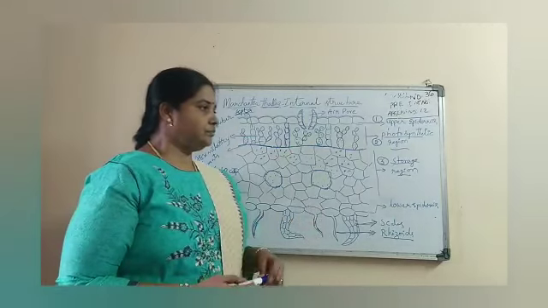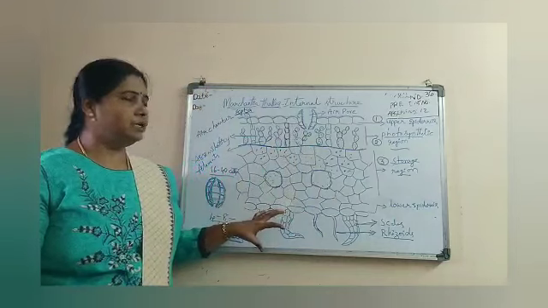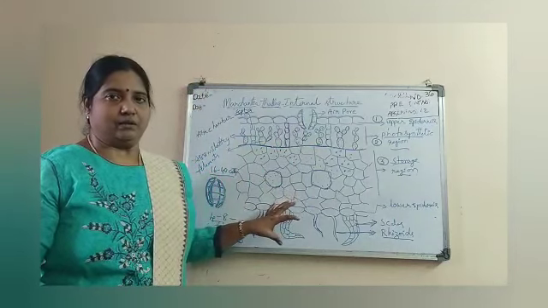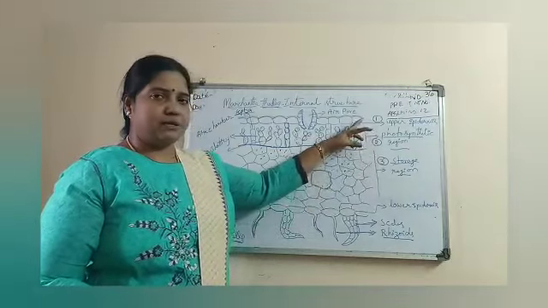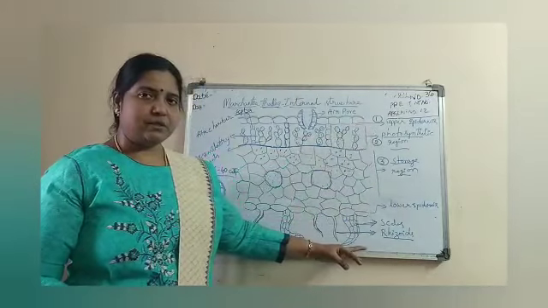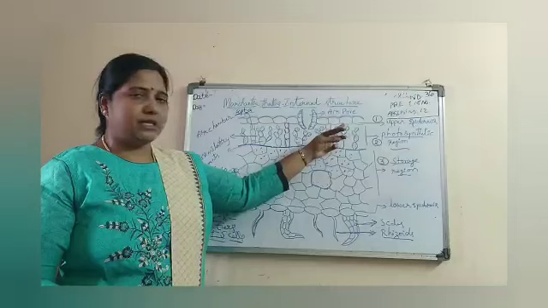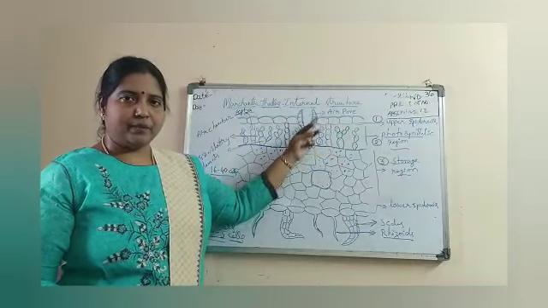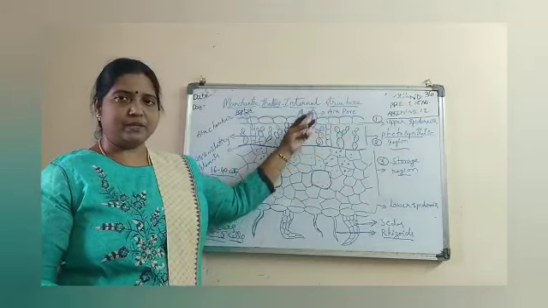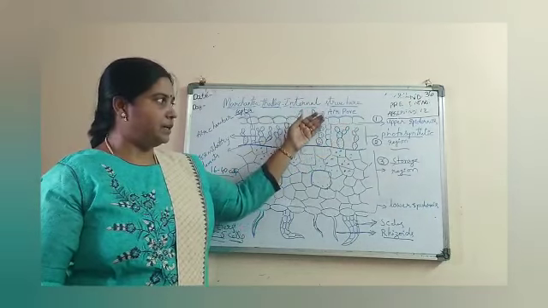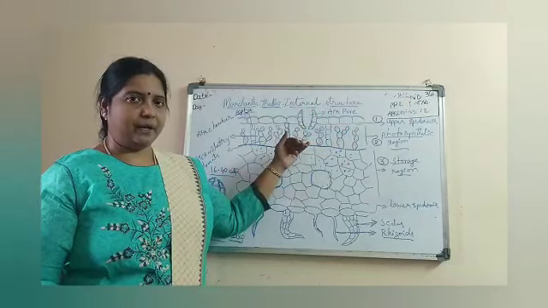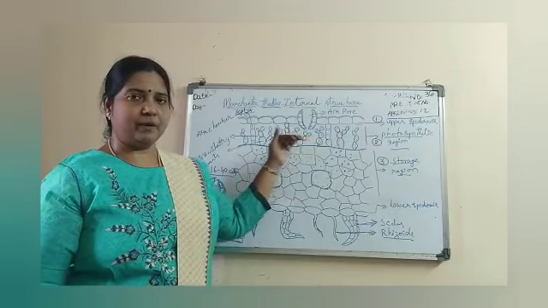So this is the internal structure of the Marchantia thallus. Briefly, the epidermis is divided into upper and lower epidermis. The upper epidermis is interrupted with air pores. The air pores are barrel-shaped structures which help in gaseous exchange and show a complex structure. Below the upper epidermis we can see the subepidermal region.